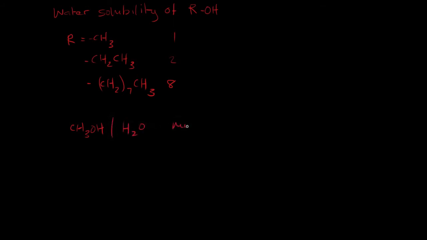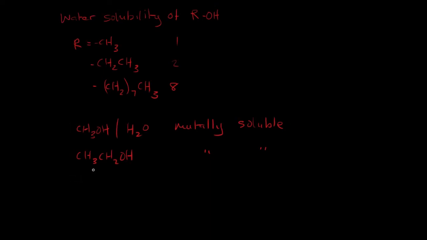Methanol and water are mutually soluble, and that means that methanol can dissolve within water and water can dissolve in methanol if you pour the two liquids together, and this is also the case with ethanol. What this means is that really the small alkyl group is not having too much of a drastic effect on how these two molecules mix together.